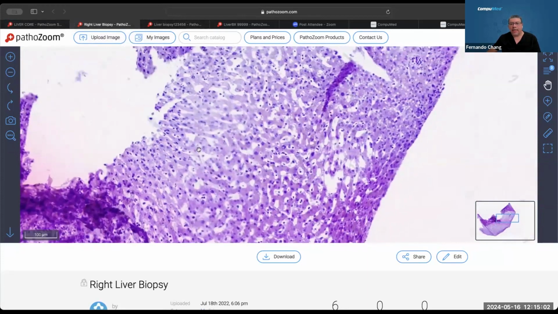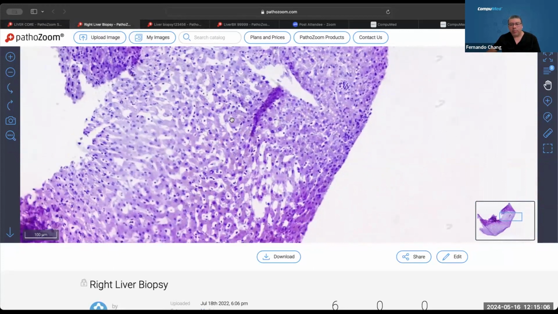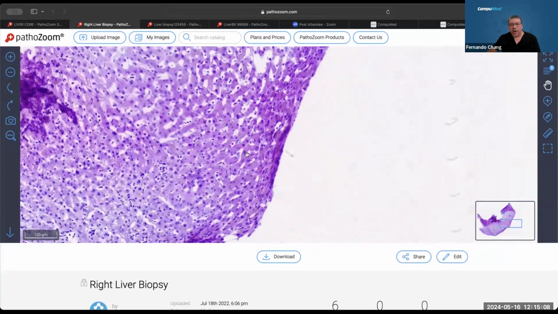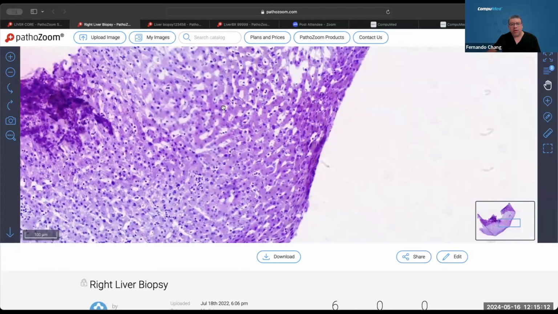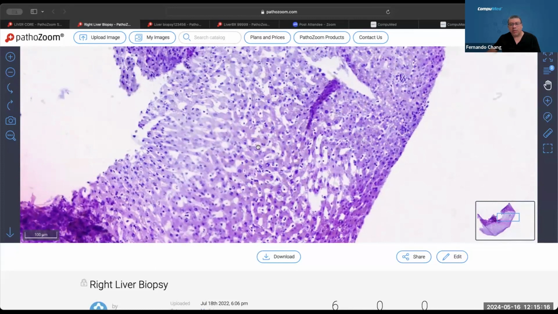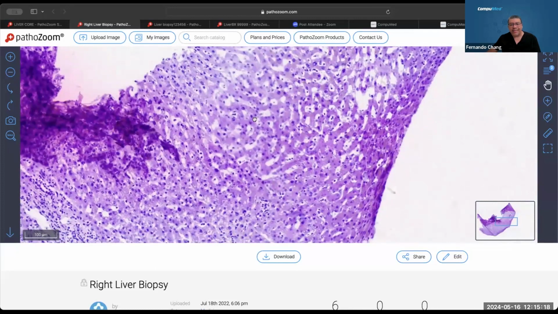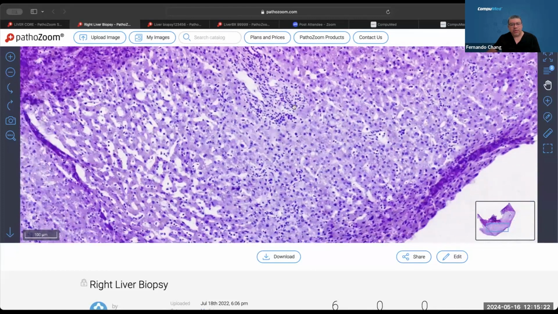Now I have a second case here. And the staining here is a problem, but you can see areas where the structure is more or less preserved, but you can see a lot of bubbling here. And obviously this bubbling also goes with less staining. That's the reason why I chose that.